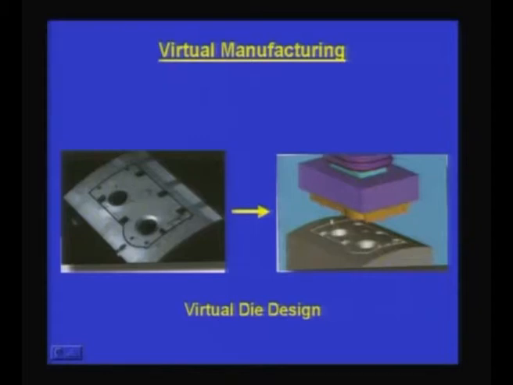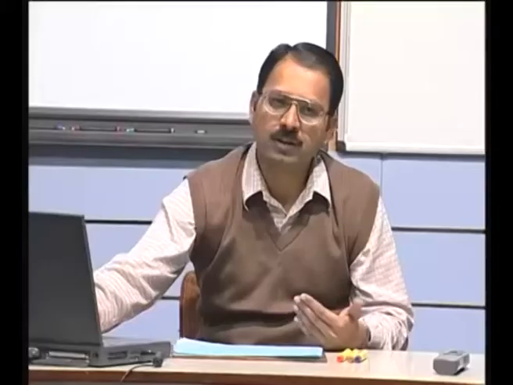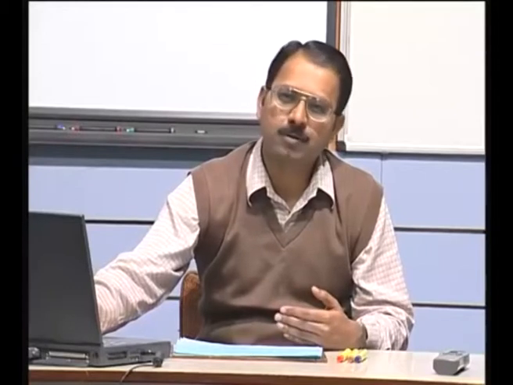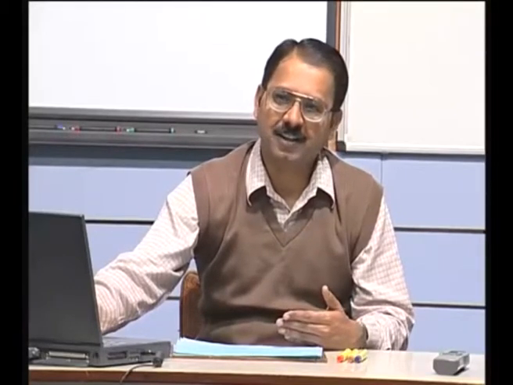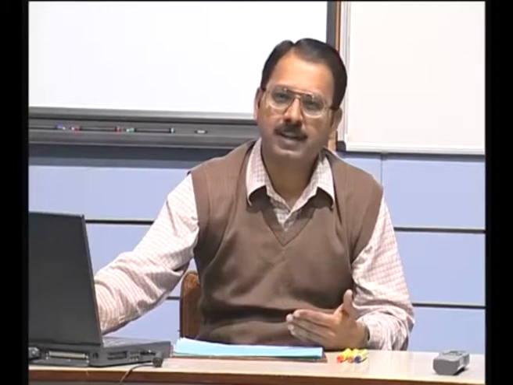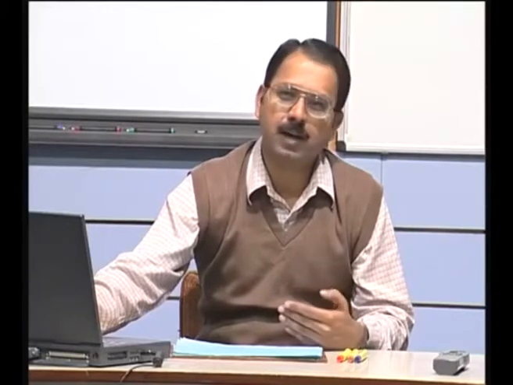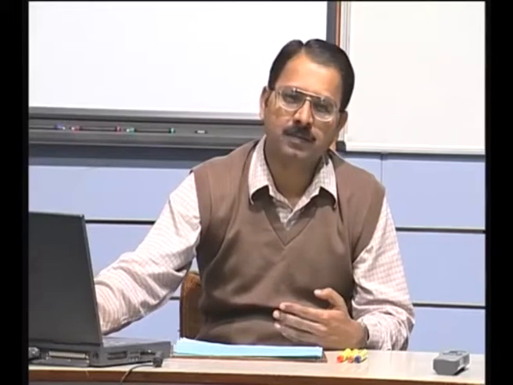So, as I said, the iterations which you do in the real world can be done in a virtual environment to arrive at a corrected die shape. This is an example. The only difference between the predictive model which we discussed for spring back and here is that you are also carrying out the simulations, and at the back end you have a predictive model which is trying to predict spring back. There can be many other things in manufacturing simulations.